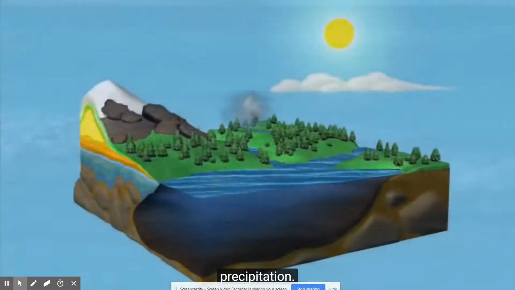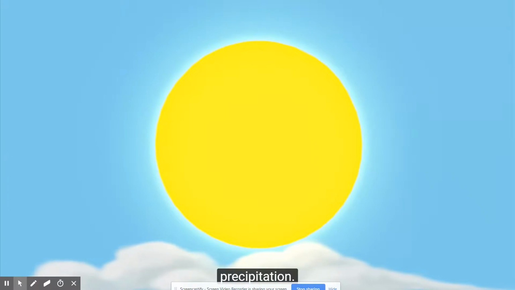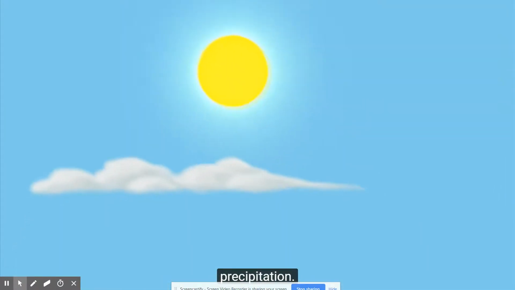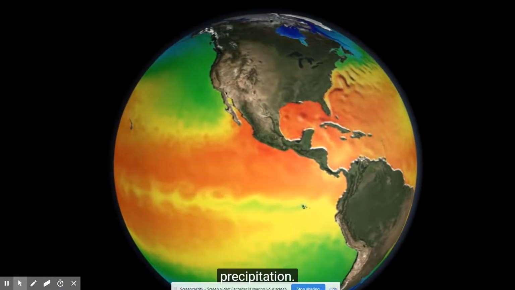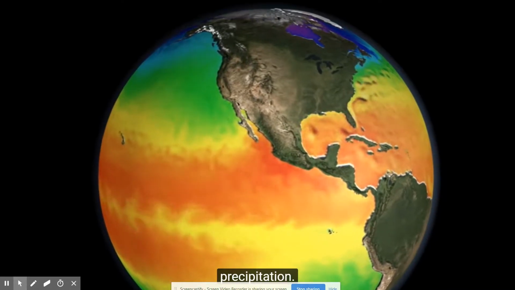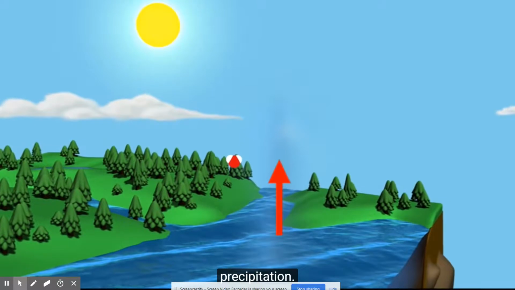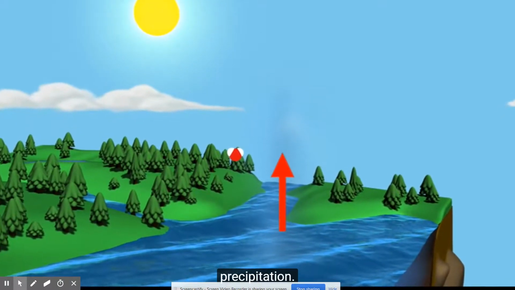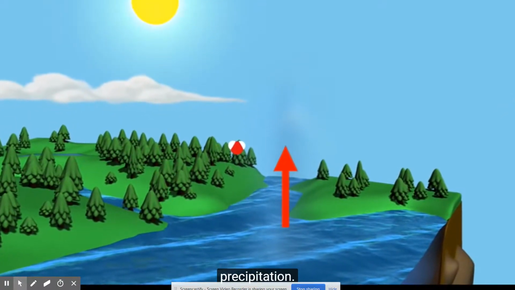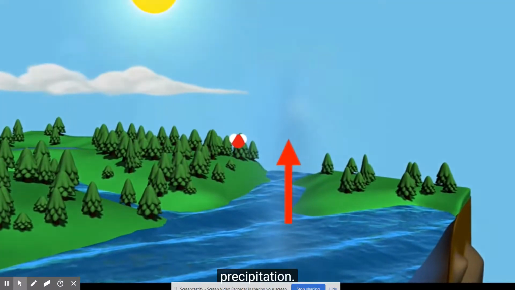The fuel for this journey will be provided by our planet's prime energy source, the sun. During the day, the sun heats up the air and ocean surface, causing water molecules to evaporate. Evaporation occurs when a liquid molecule of water escapes into the air as a gas.